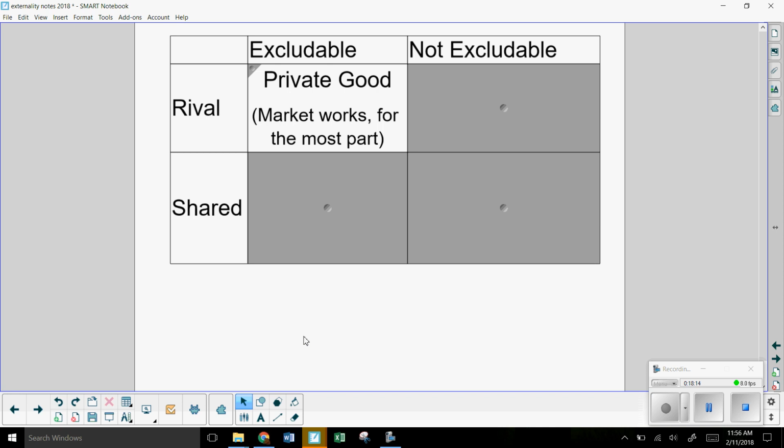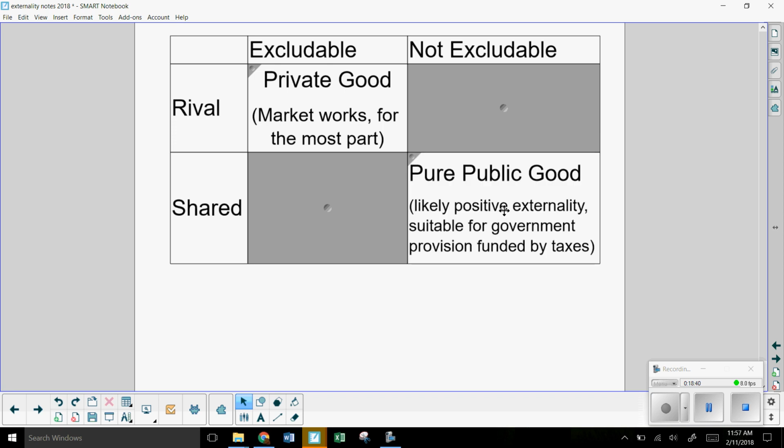Generally speaking, if we can ensure that the benefit only goes to the person that buys the cheeseburger, and the person that buys the cheeseburger is going to either enjoy it themselves or give it to somebody else, but they can't buy one and have 7 people enjoy it, then for the most part, the market gives us the socially optimal quantity.